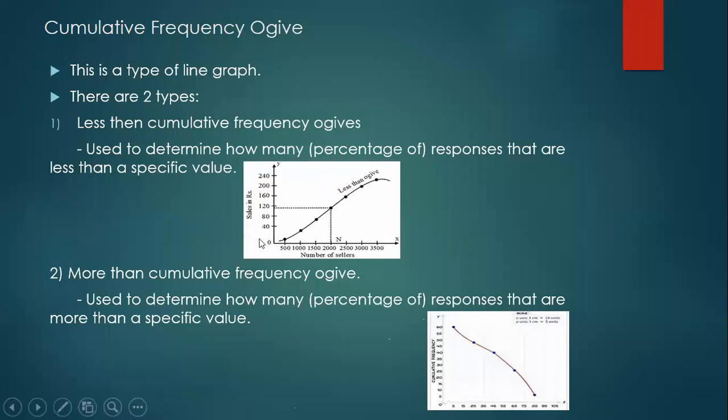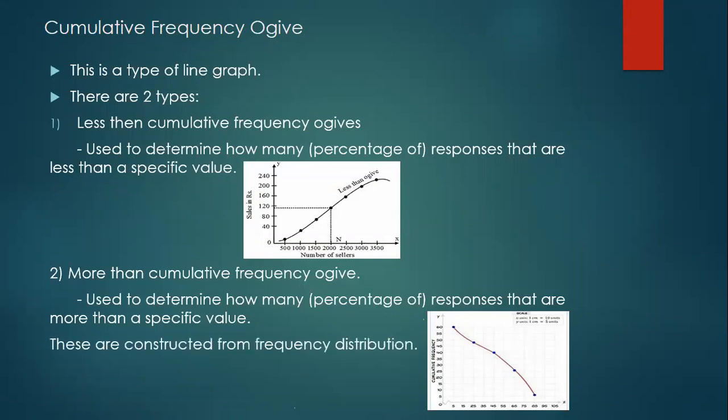So for the less than, it starts at the left lower value and ends at the right upper value, while for the more than, it usually starts from the left, the highest value, and ends at the lowest value to the right. So you guys can see the difference between a more than and a less than cumulative frequency ogive. And we know that these frequencies are constructed from the frequency distribution.